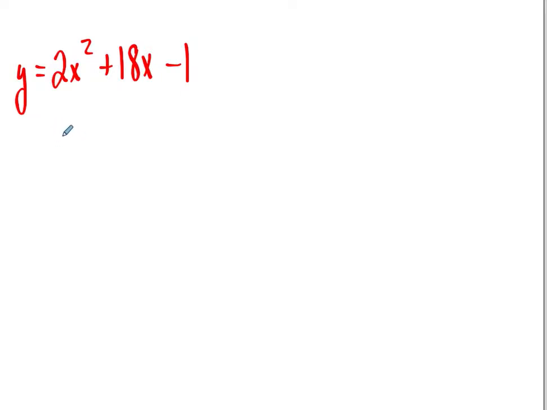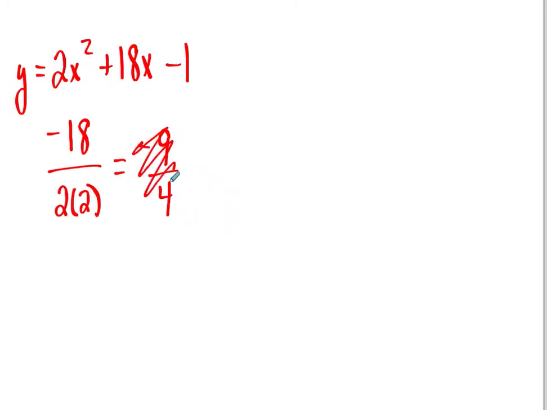So how do you find the x coordinate of the vertex? Negative b over 2a. So negative 18 over 2 times 2, is going to be 4 into 18 equals 4.5. Negative 9 over 4. Oh, I'm sorry. Negative 18 over 4. So that's negative 9 over 2.